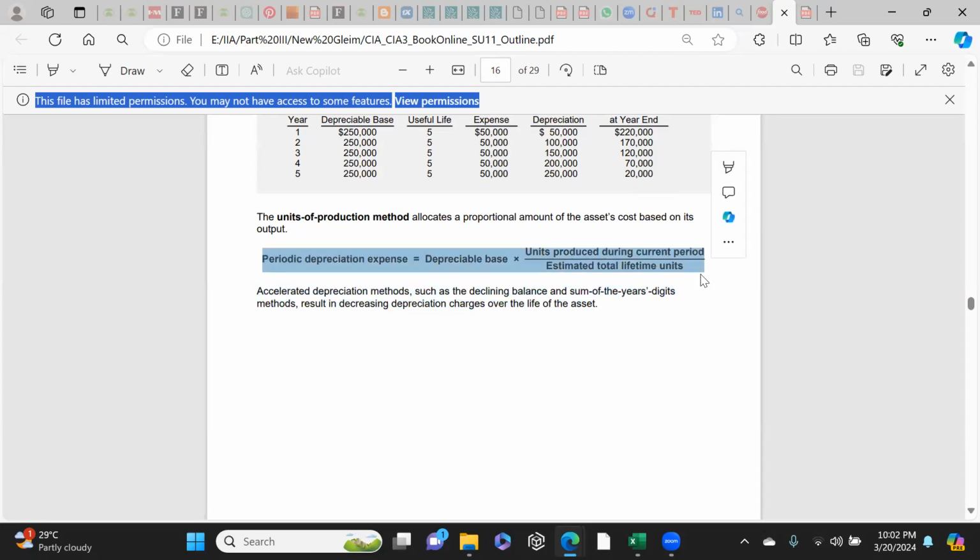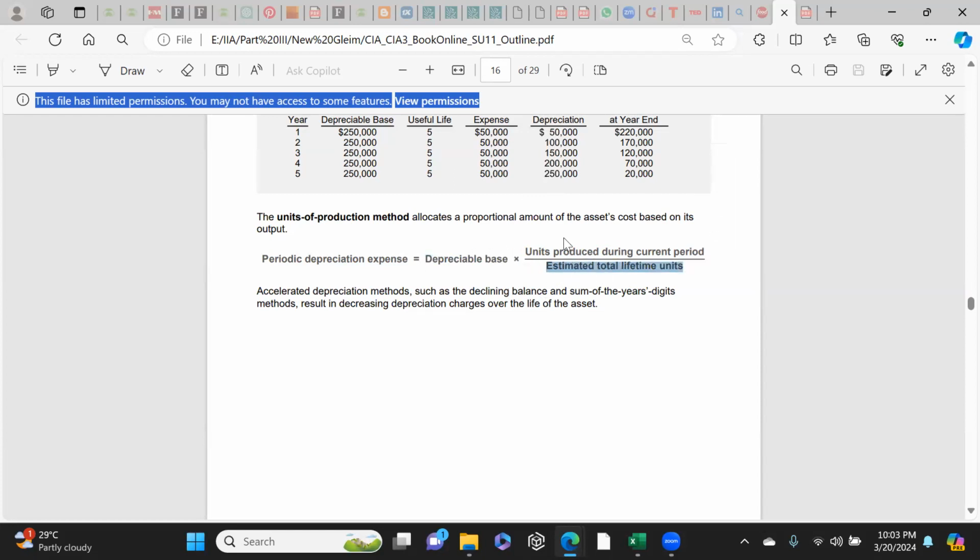The number of units that the asset is going to produce during its lifetime is the total lifetime units. So you take the cost that you're going to depreciate, the cost minus the recoverable value or salvage value, and divide it by the estimated total lifetime units, and you get the depreciation per unit.